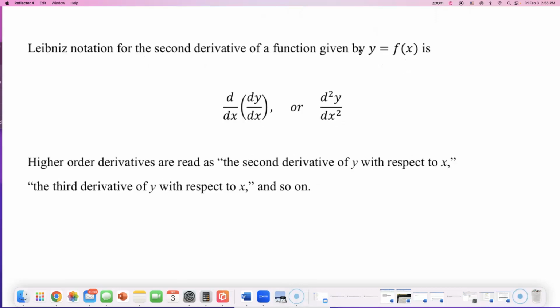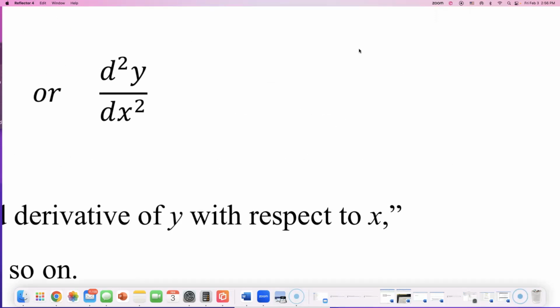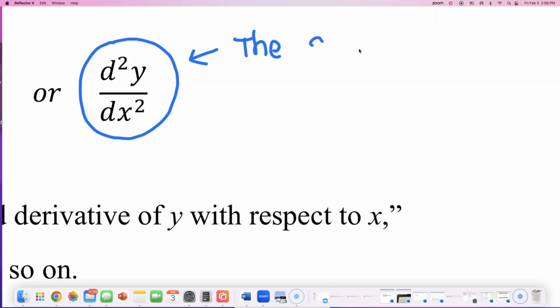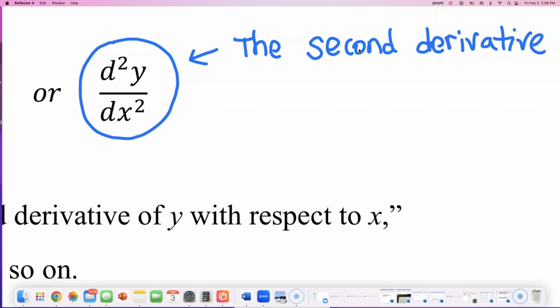Okay, so take a look at this one for me. This is the second derivative notation, okay? So this is talking about the second derivative of y. I'm done reading the numerator.